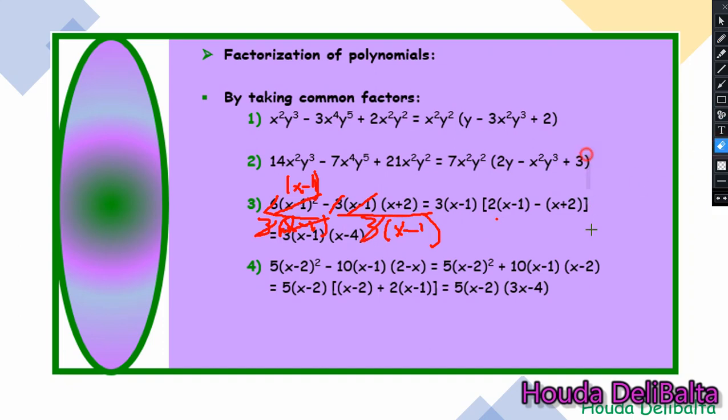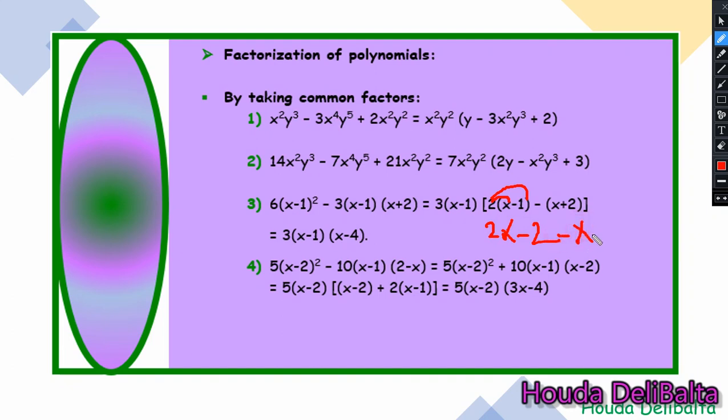And finally, I have to carry out the value inside the brackets. So I will get 3 into x minus 1 outside, and here I will get 2x minus 2. So I have 2x minus 2, and I introduced the minus sign, so I will get minus x and minus 2, and finally I can add 2x with minus x to get x, and minus 2 with minus 2 is minus 4, and by this I get a product of 3 factors.